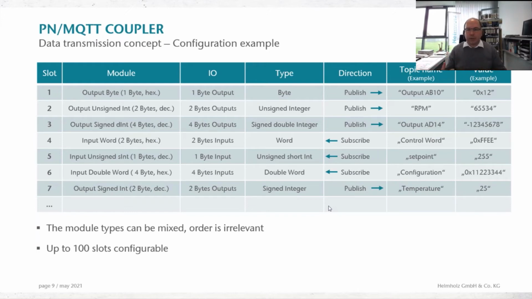So 100 different variables, 100 different informations. And also size does not matter. We can have up to 1024 bytes you can exchange from both sides. So this is the concept. You just plug in modules to decide which values you want to exchange with the PLC.